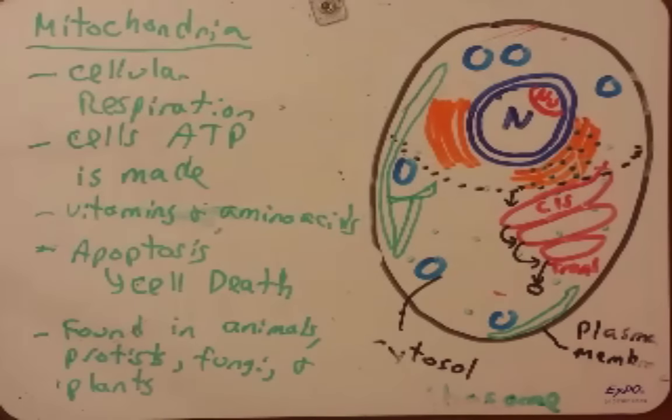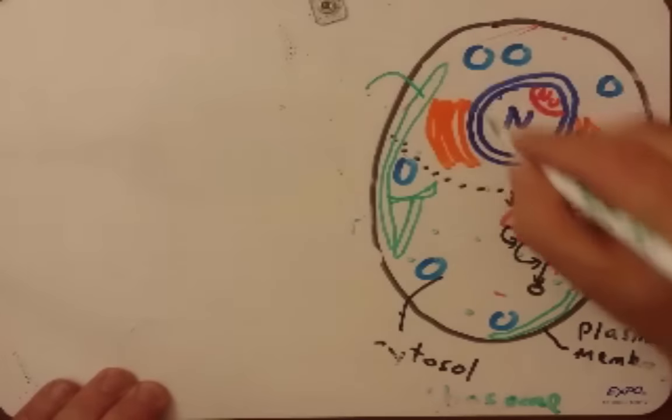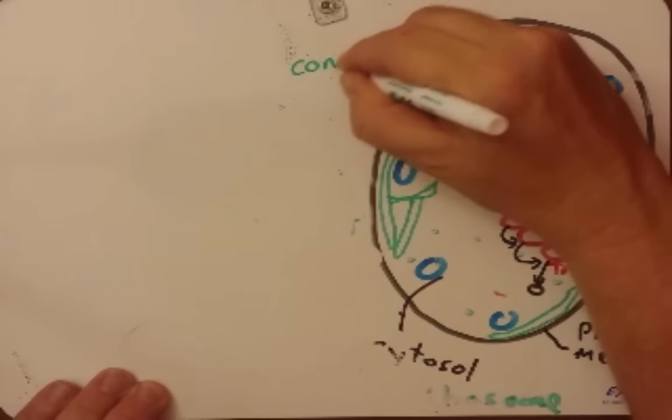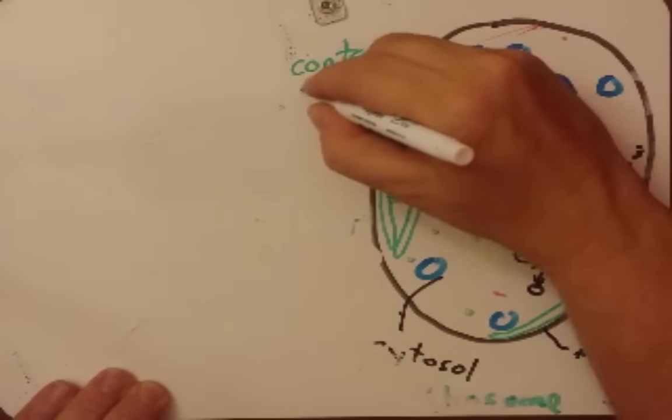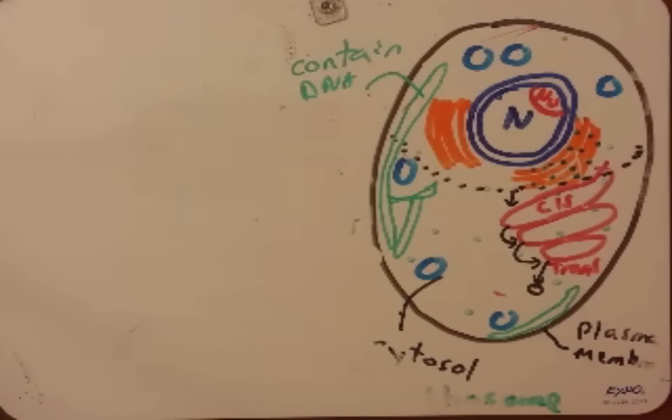They require mitochondria because the plants also need to generate energy through cellular respiration, and they use the mitochondria for that, just like we use our mitochondria. After I erased that, I forgot one more important thing I want to say about mitochondria, and that is that they contain DNA. Just like the nucleus contains DNA, so do the mitochondria.